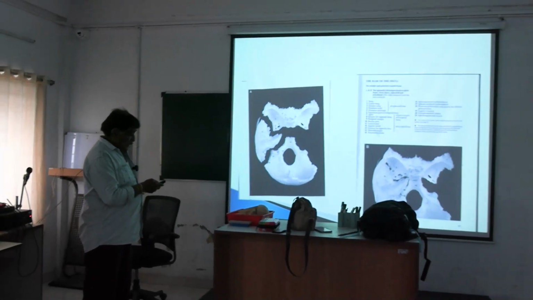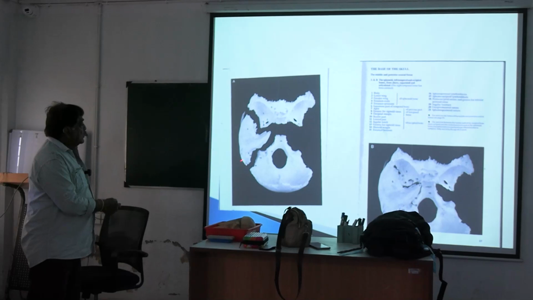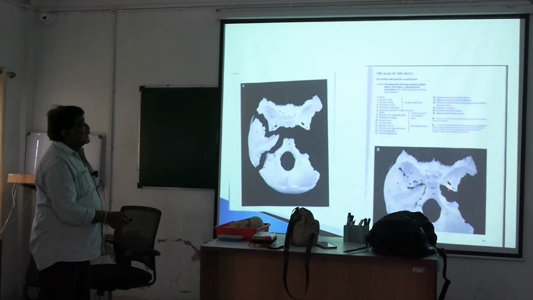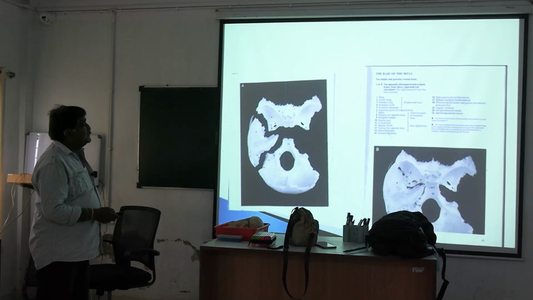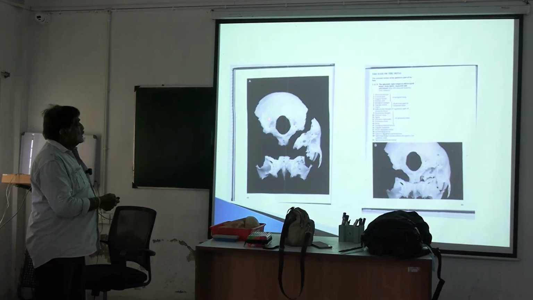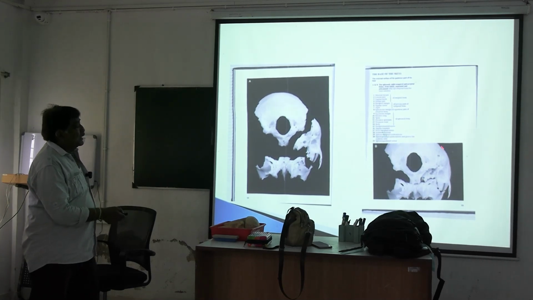Now, this is the part of the sphenoid. This is the temporal bone, and this is the occipital. This is the foramen magnum. Next, now the posterior aspect. This is the occipital, this is the sphenoid, and this is the temporal bone. And see, articulated.